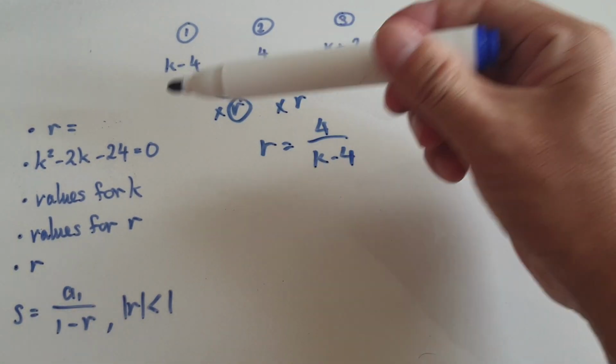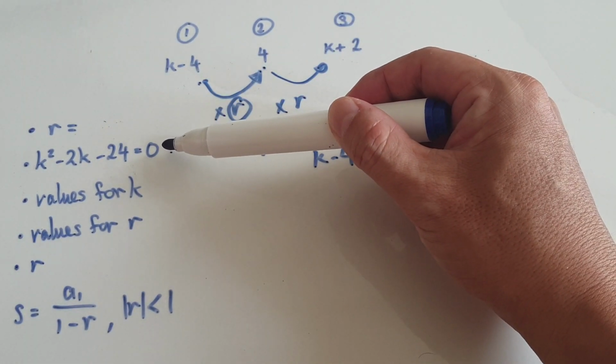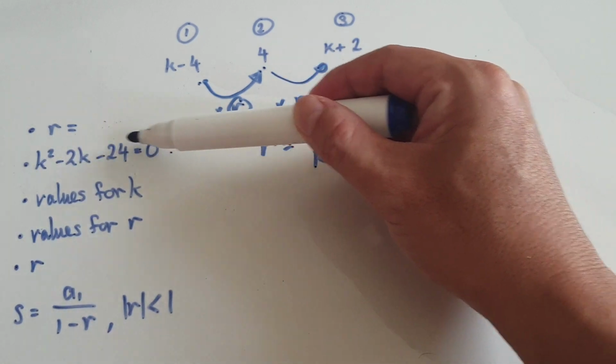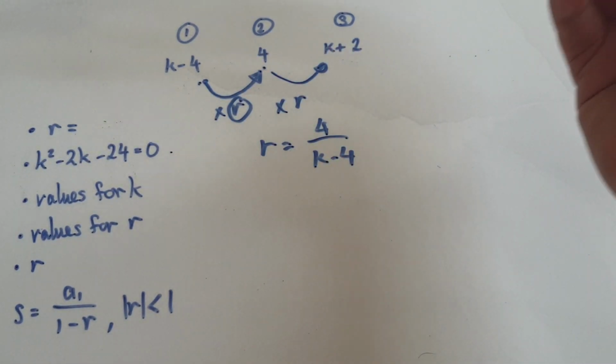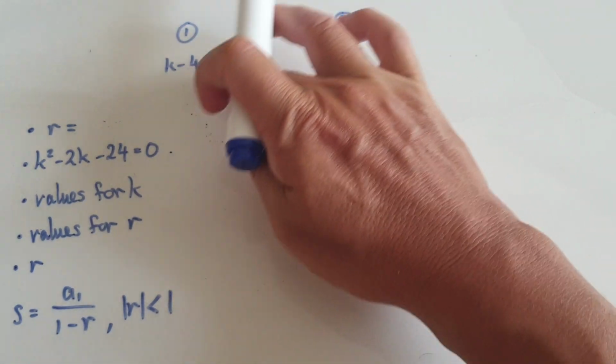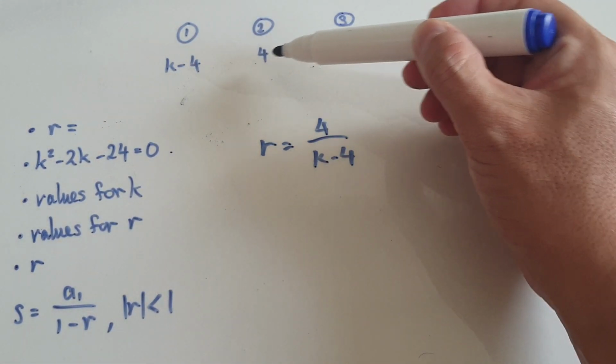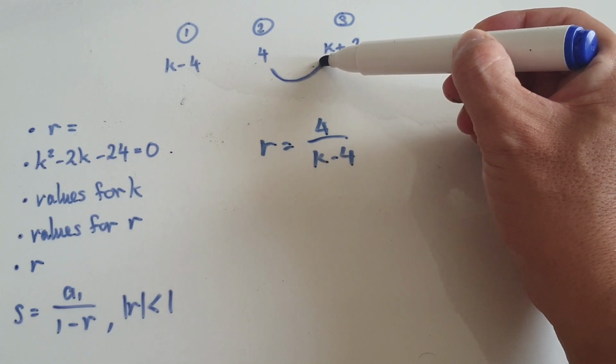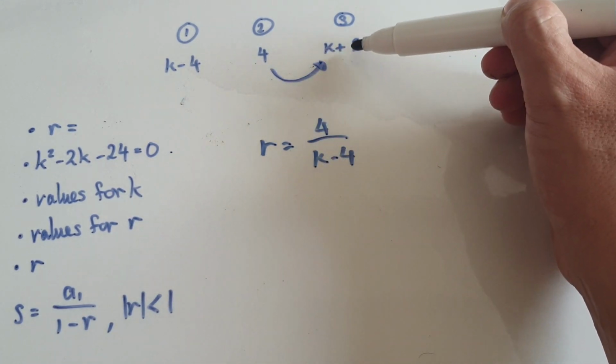And then you've got to show that k satisfies this equation. Well, if you look at the second term, and then you times by the common ratio, which is this thing here, it must give you this.